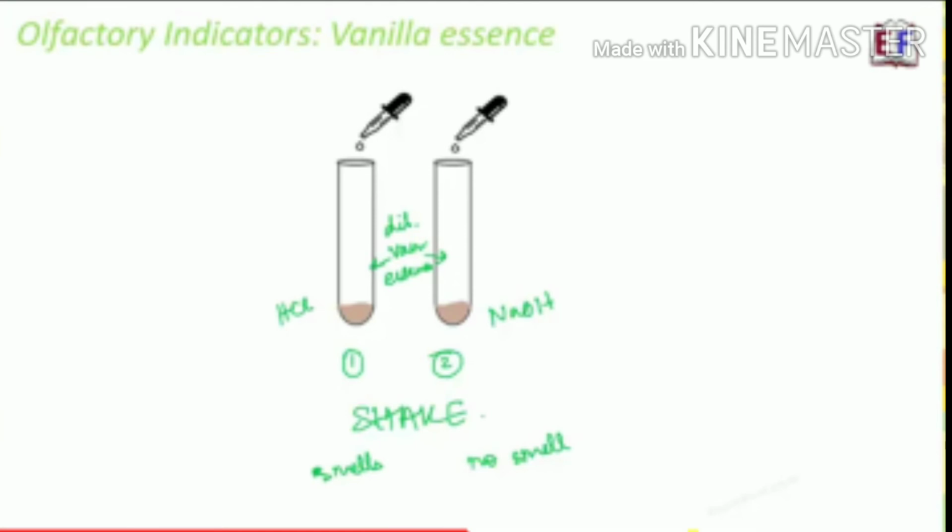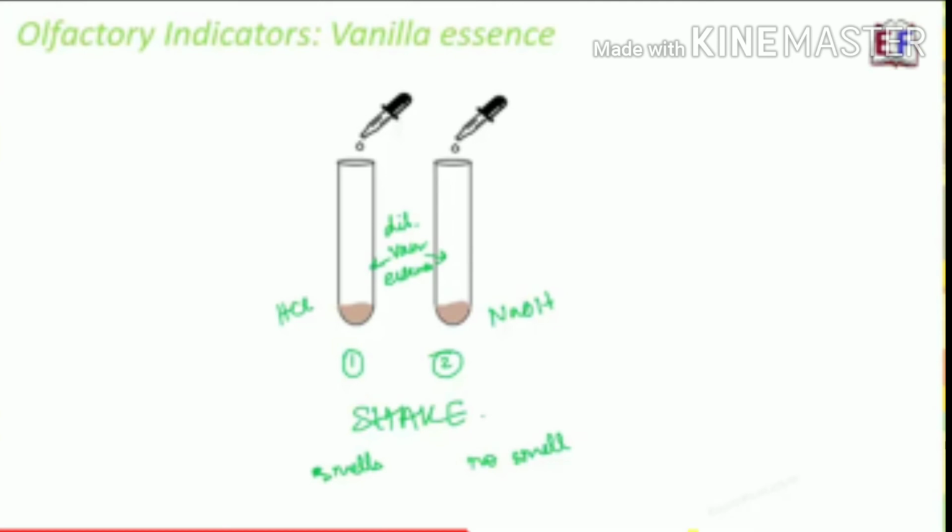Even with vanilla essence, you can do an experiment. Take 2 test tubes containing a small amount of vanilla extract or essence, and then add a few drops of dilute hydrochloric acid and dilute sodium hydroxide in them and shake them really well. What do you see now?